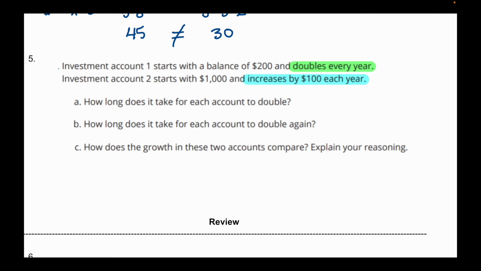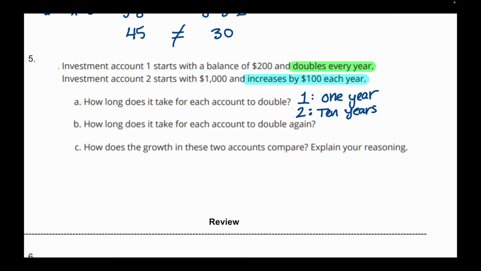So we're going to say for account 1, 1 year, because it doubles every year. For account 2, it has $1,000 and it's adding 100 each year. So we need to figure out when it's going to have $2,000. And if we're doing 100 each year, that's going to be 10 years. So 10 years.